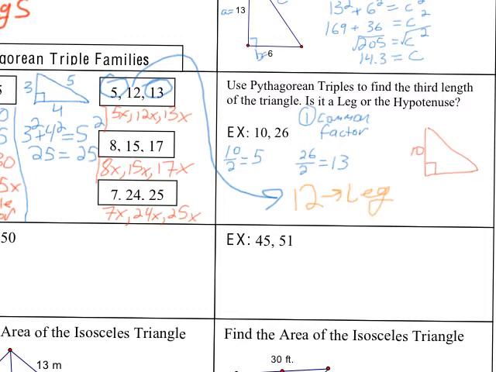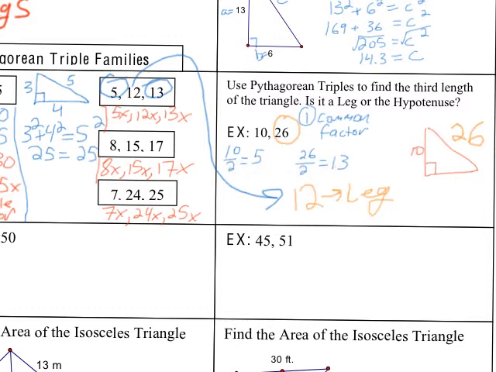You probably noticed we're missing one thing over here that I do need to know. 12 is my factor. This is the base family, 5, 12, 13. But I multiplied everything by 2, so I better multiply 12 by 2 to give me that third side. So let's go ahead and put in what we know over here. We know that 26 must be the hypotenuse because it comes from 13. And then 12, well, we divided by 2 to get to 5, we divided by 2 to get to 13.